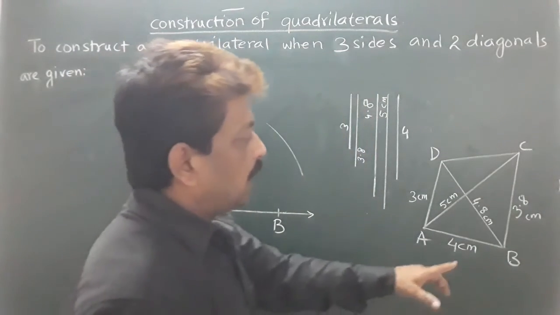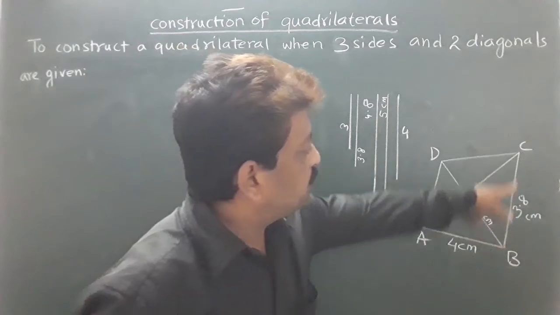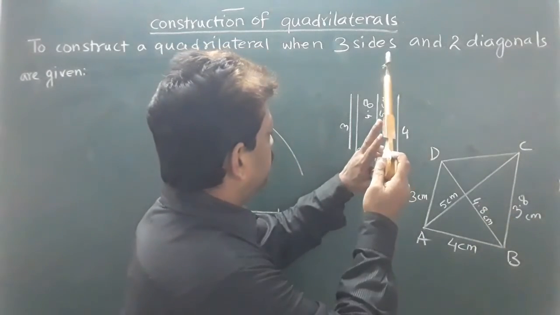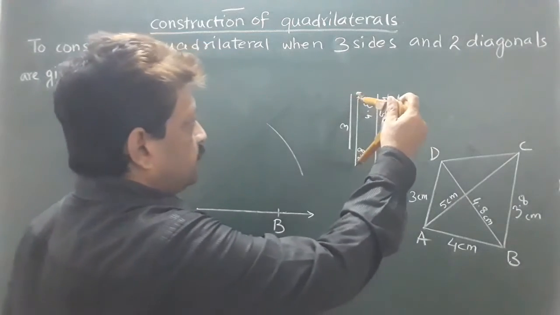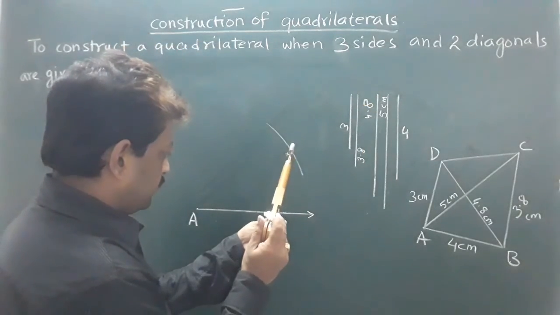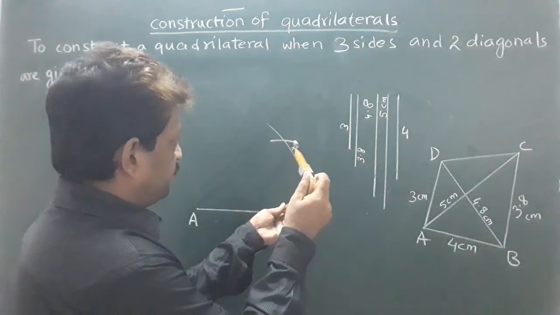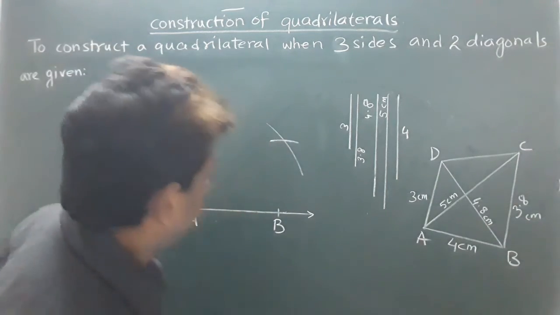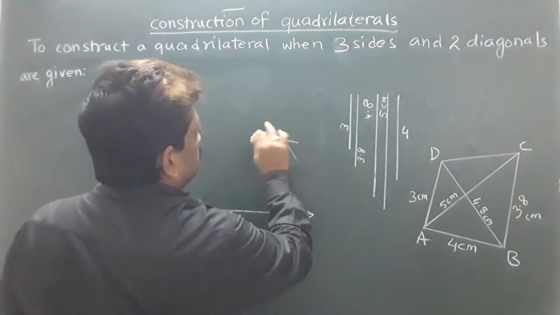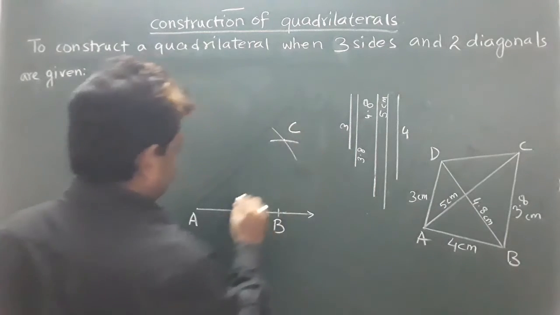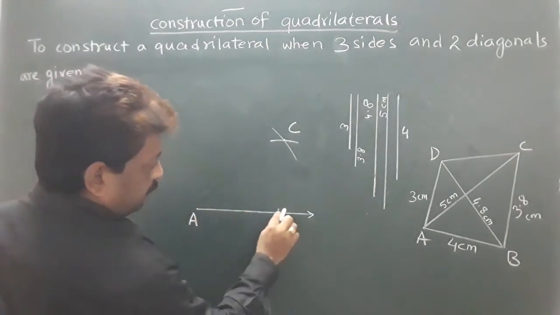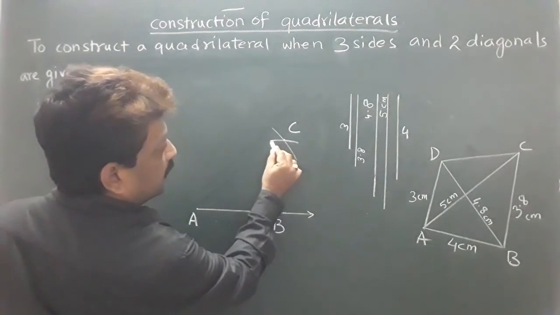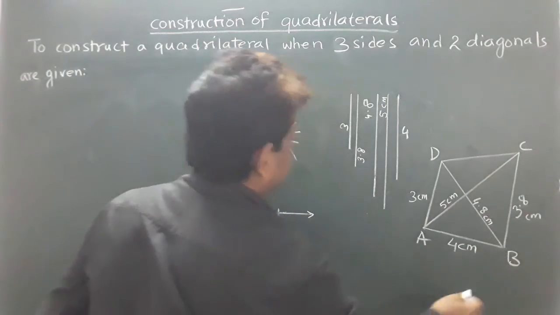So first of all, I have to take the length BC. BC is 3.8. So let me take 3.8 from this diagram. Place the compass here and cut the previous arc. So this is C. From A, this arc has radius 5 centimeter, and from B, this arc has radius 3.8 centimeter.